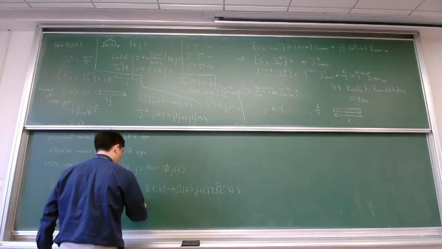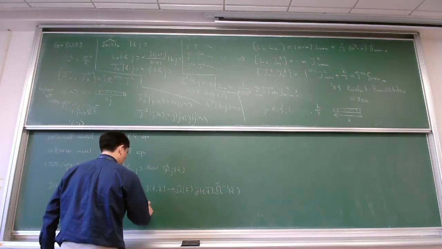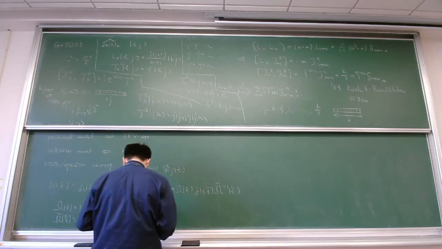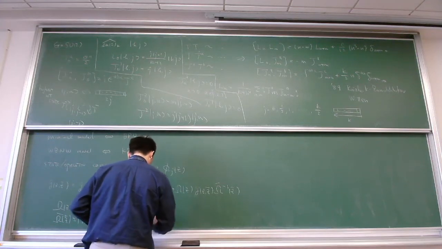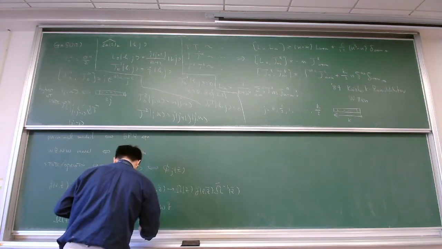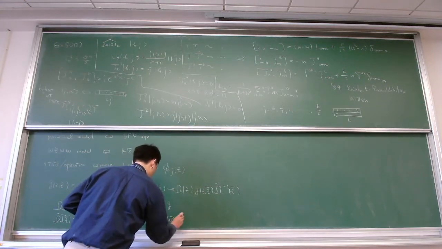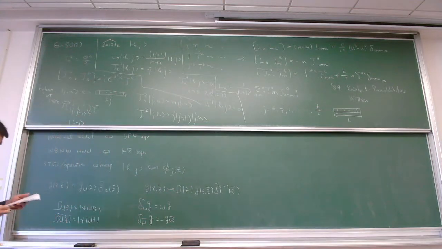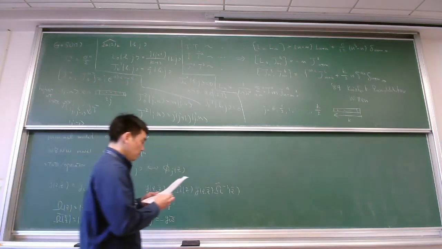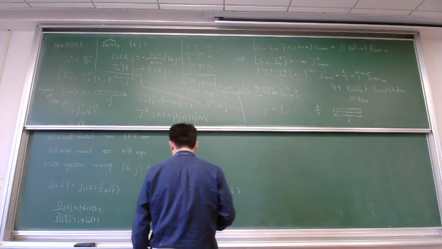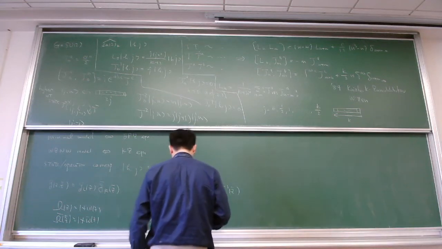So this field G is transformed in this way. And also, that's what we already did last time.